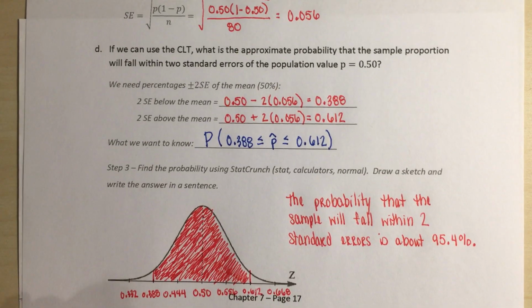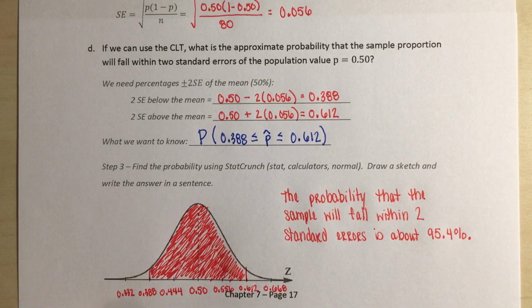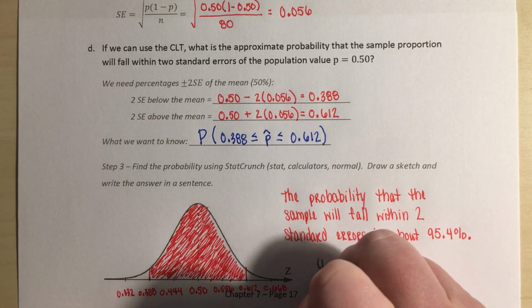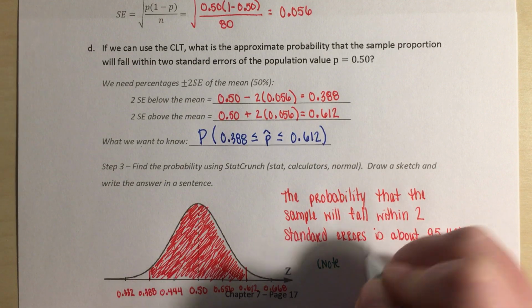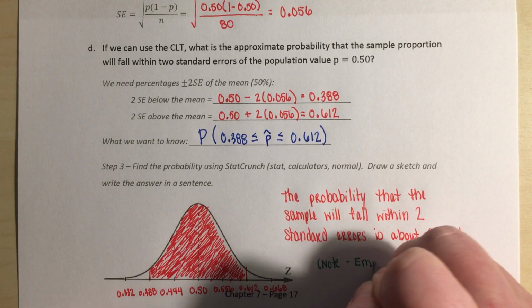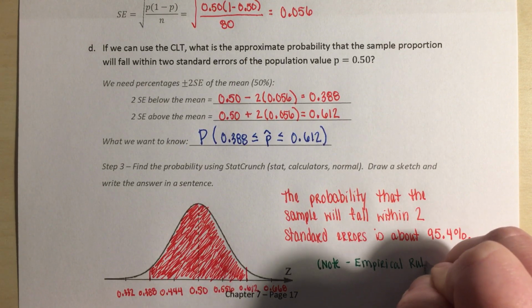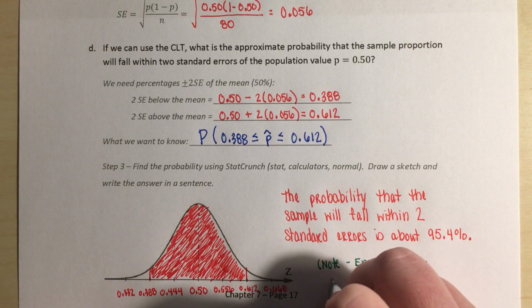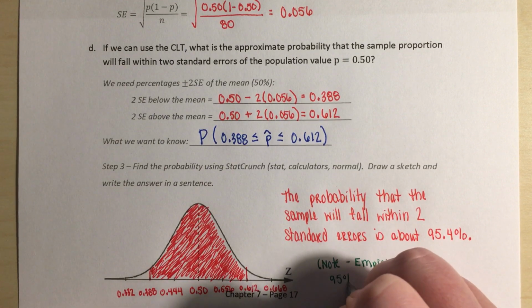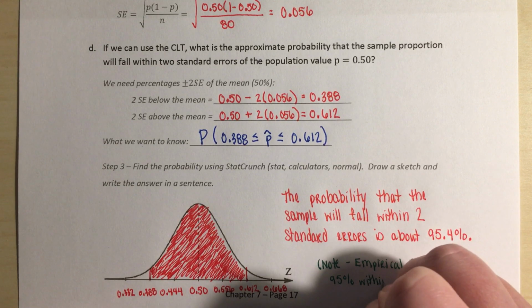Now, if we stop and think about this for a minute, this should not be a big surprise, right? Because if we go back and think about our empirical rule, the empirical rule states that we have 95% within 2 standard deviations.